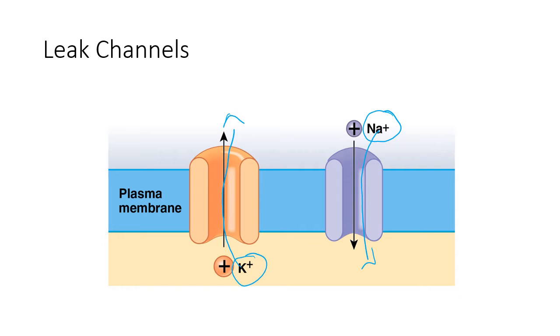These are always open. They're available for each of the ions to move through, simply moving down their concentration gradients. There's no energy required. We don't have to force the process itself at all. It's just going to simply move through those constantly open leak channels to try and balance out the membrane.